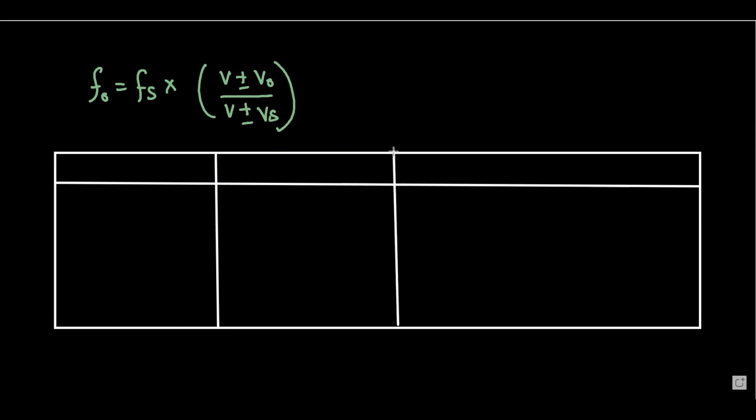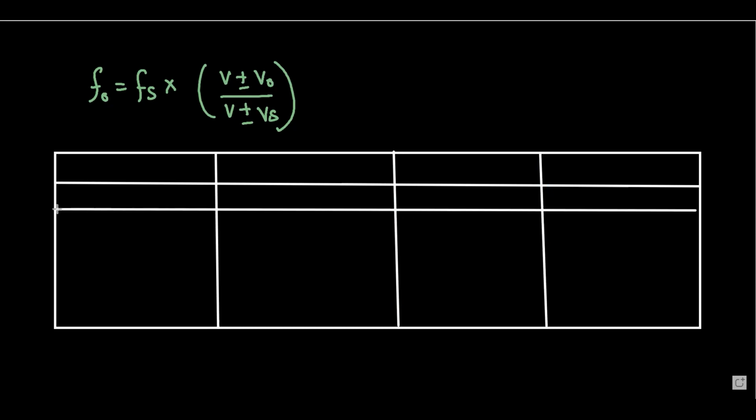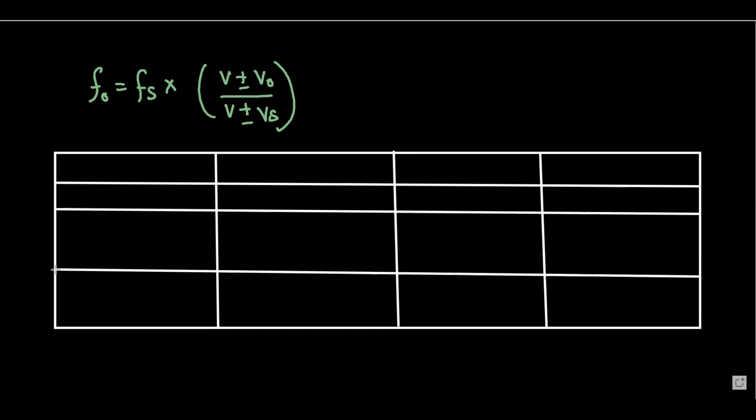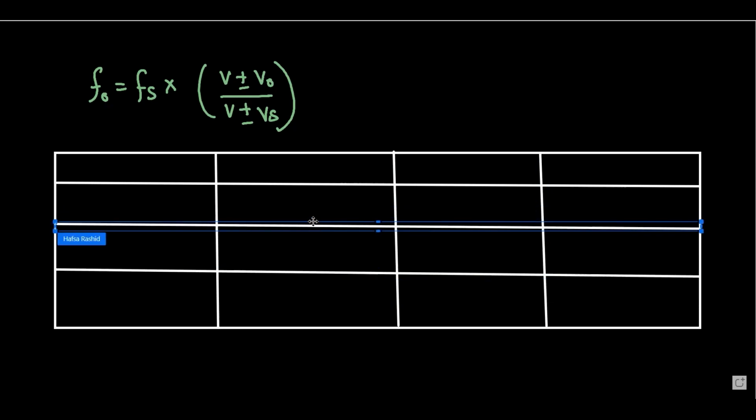We will be giving 3 columns right here for the motion of the observer and 3 rows for the motion of the source. And we will be using the formula above to demonstrate what each scenario would look like.